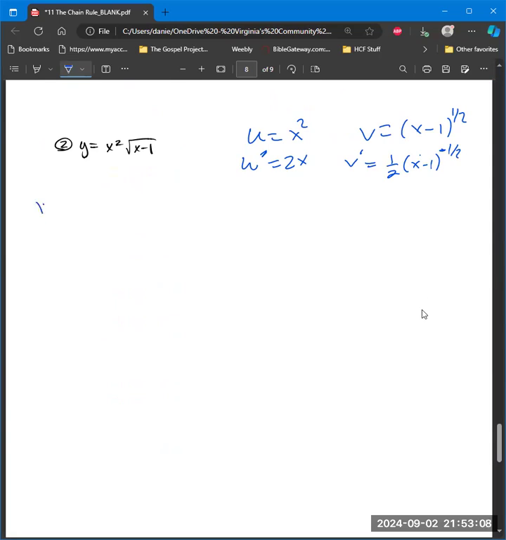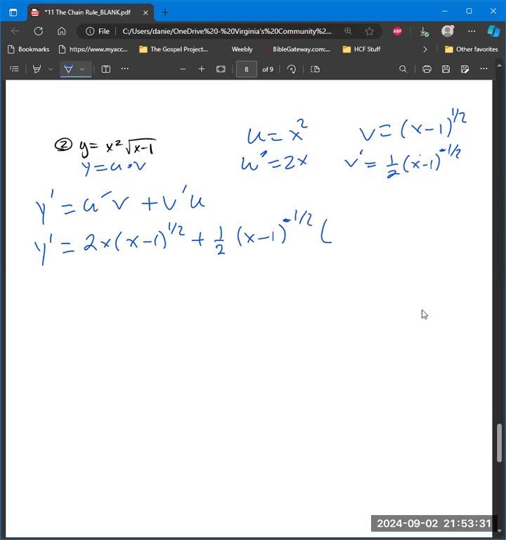So y prime is going to be u prime v plus v prime u. So it's y equals u times v. y prime is equal to 2x times x minus 1 to the 1/2 plus 1/2 of x minus 1 to the negative 1/2 times x squared.